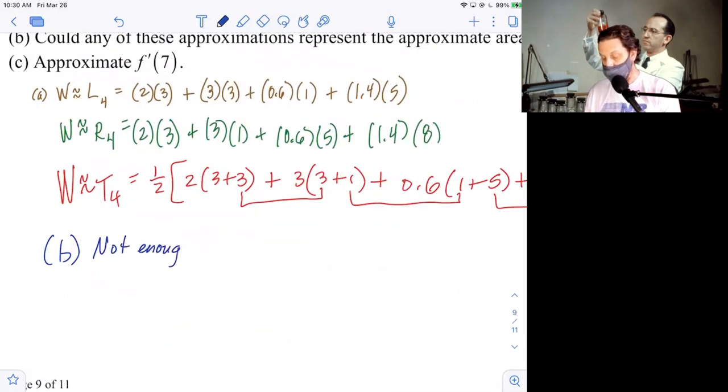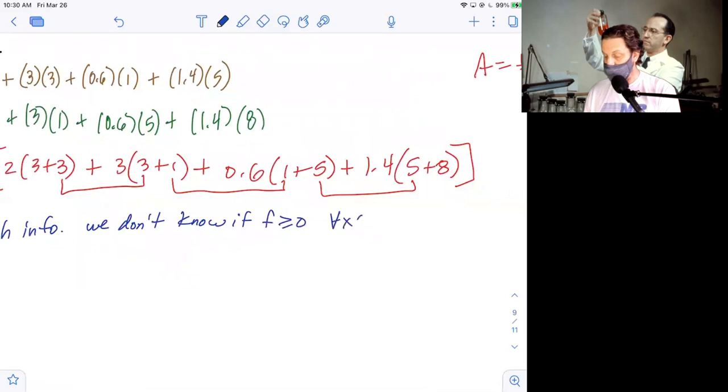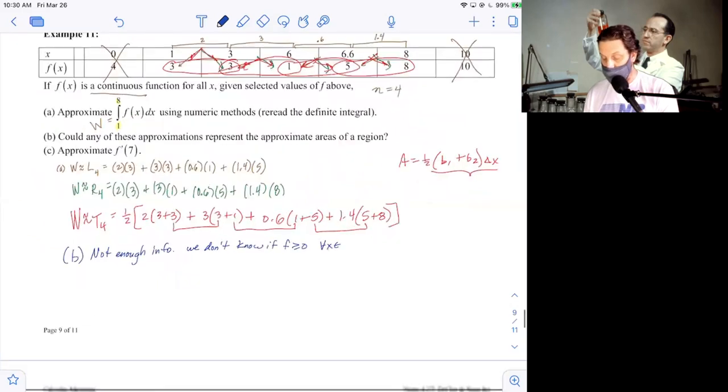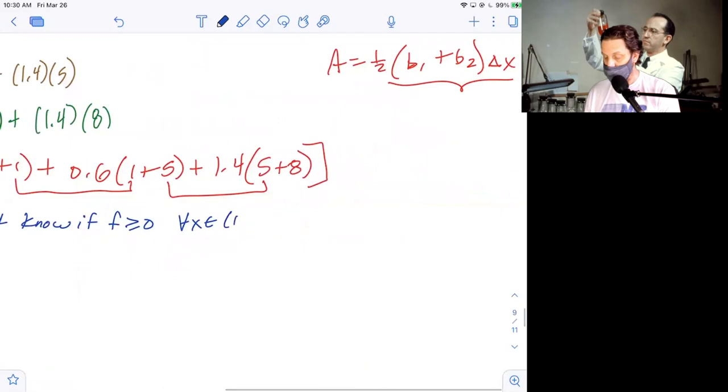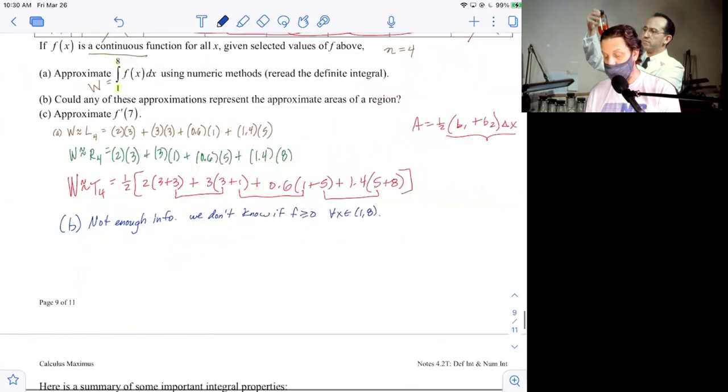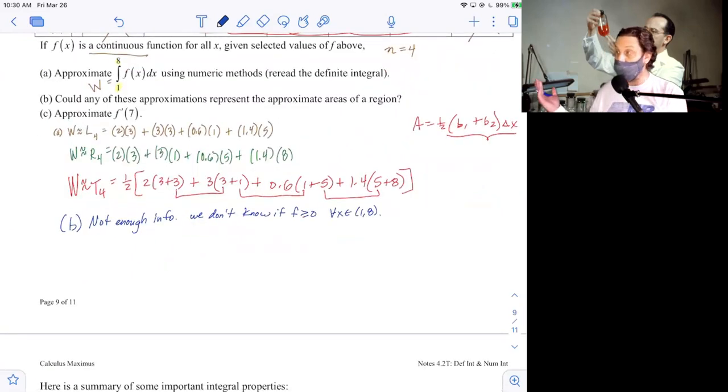We don't know if f is greater than or equal to 0 for all x in the interval from 1 to 8. We're not told that. We're not given the equation that we can analyze. We're not given a graph that we can look at, so we don't know. It might be, but it might not be.